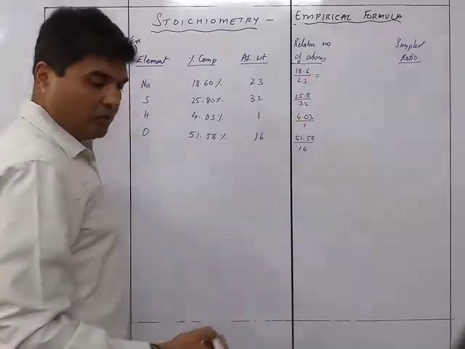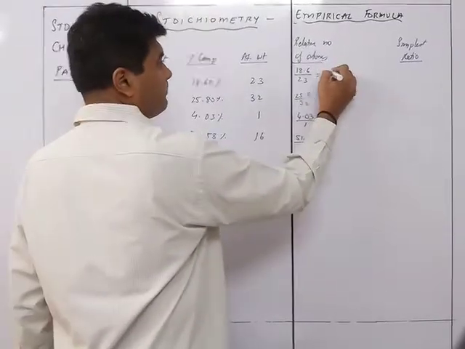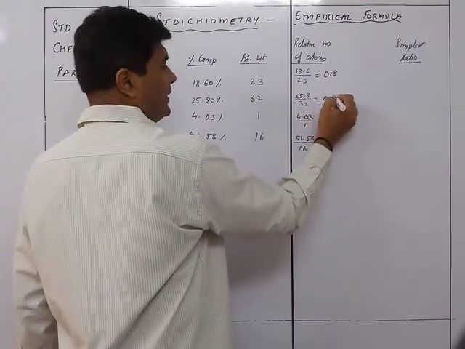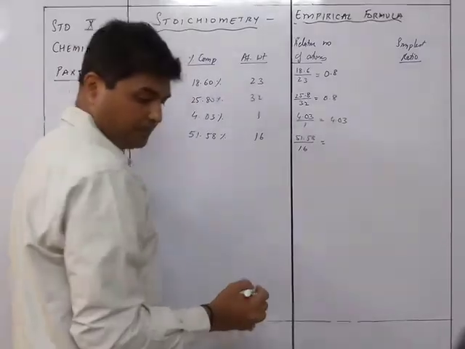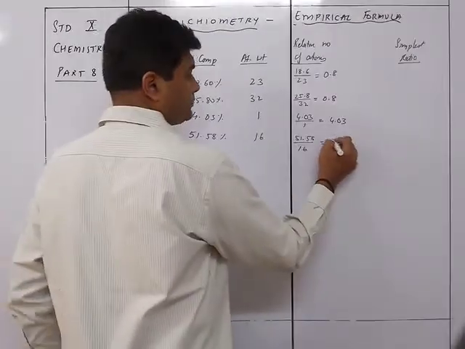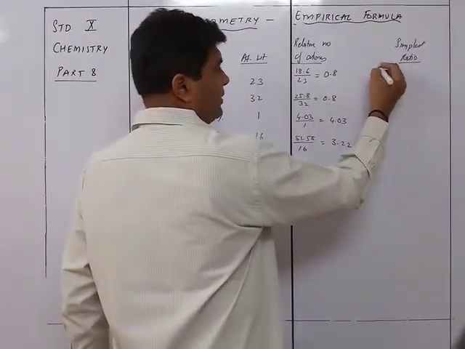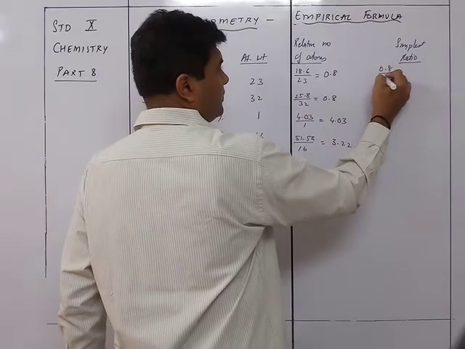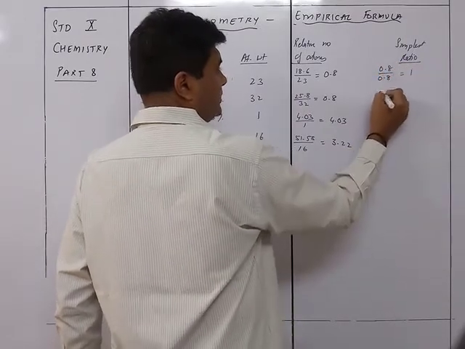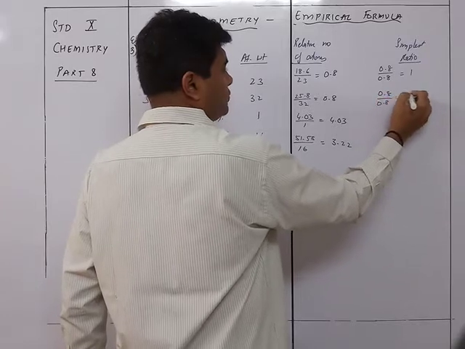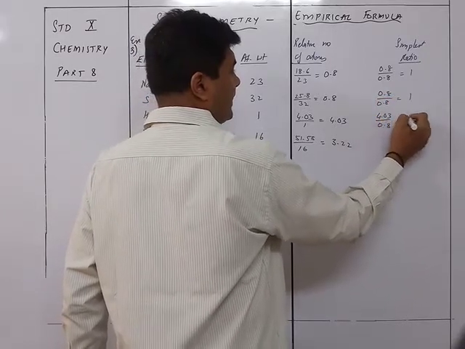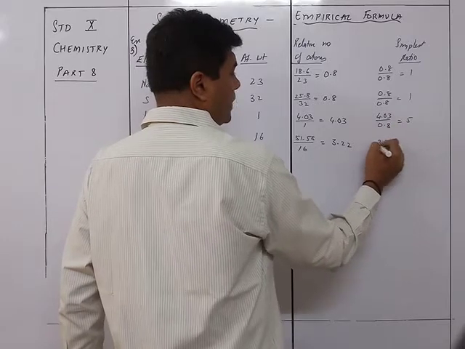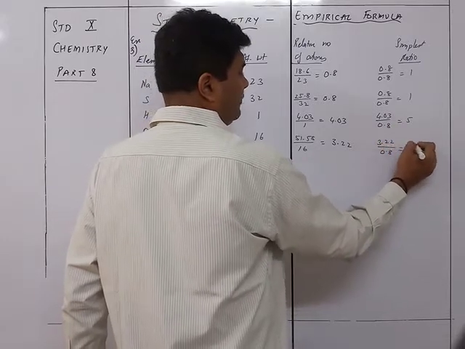So this will give you 0.8. This will also give you 0.8. This is going to be 4.03, and this will give you 3.22. So we get 0.8 upon 0.8 is equal to 1. This is 0.8 upon 0.8 is equal to 1. 4.03 upon 0.8 will be equal to 5, and 3.22 upon 0.8 will be 4.